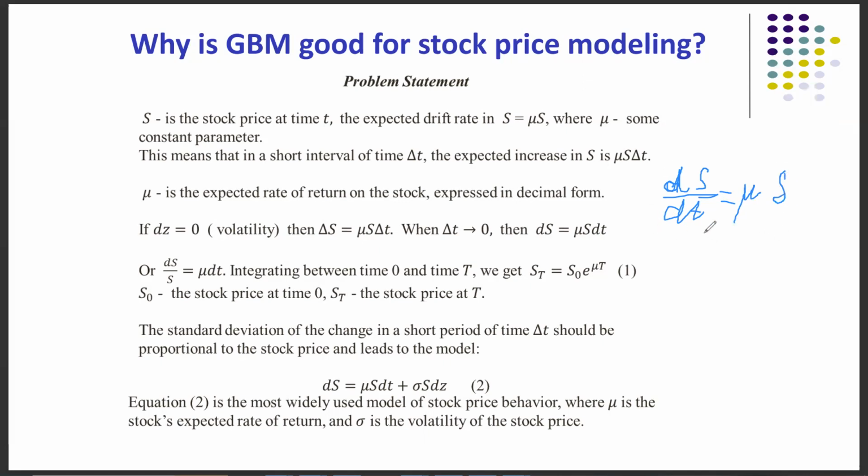Maybe you remember a similar equation from lecture 1. For the solution of dS divided by S, we can multiply both sides by dt and after that integrate. So the solution is this.